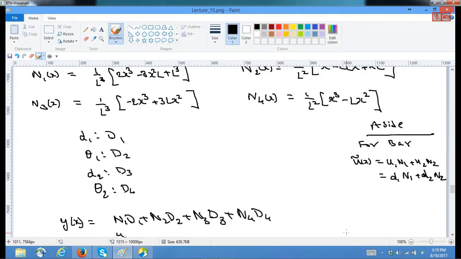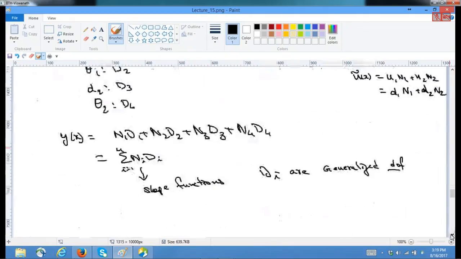Then I can write my displacement as n1 D1 plus n2 D2 plus n3 D3 and n4 D4, or summation n_i D_i, i running from 1 to 4. All the above definitions of n1, n2, n3, n4 are the shape functions, and the D_i are the generalized degrees of freedom. This is what I have derived in this class.